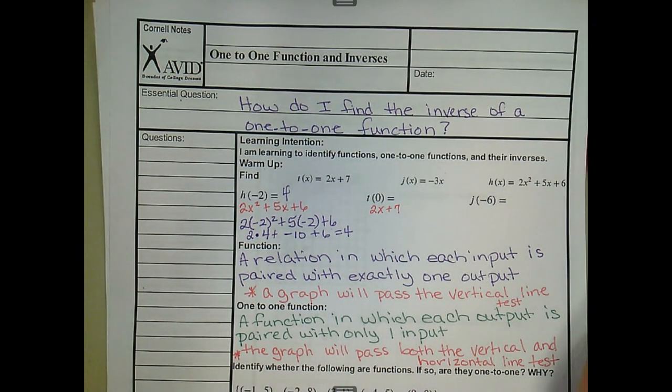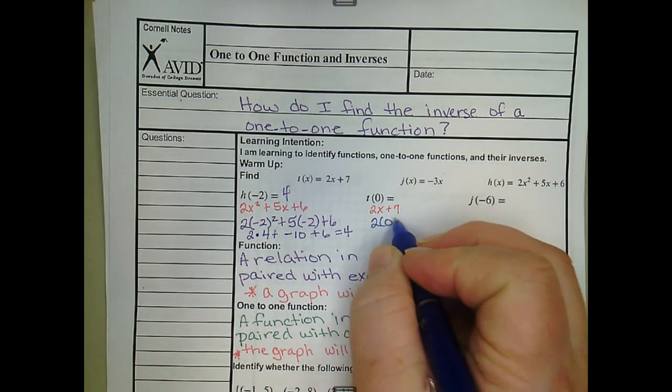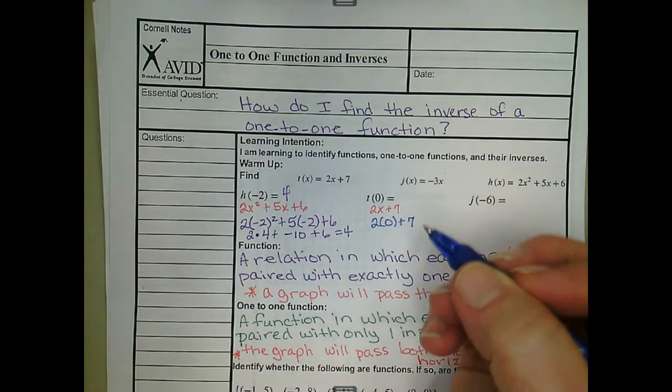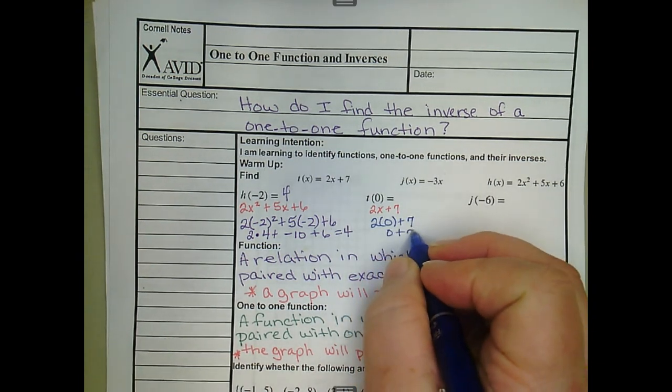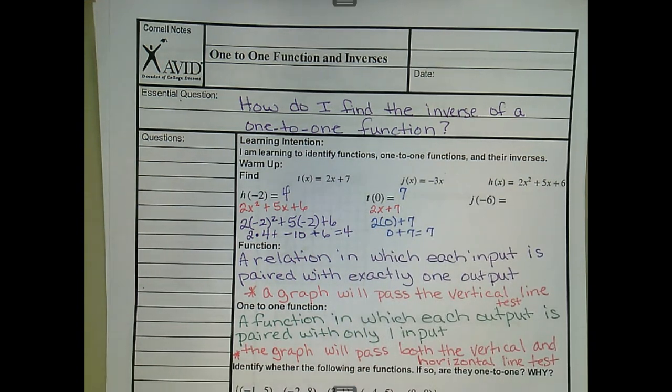So now I'm going to put in 0. 2 times 0 plus 7. 0 plus 7 gives me 7. So this one is 7. So when I put 0 in for x in my function t, my output is 7.